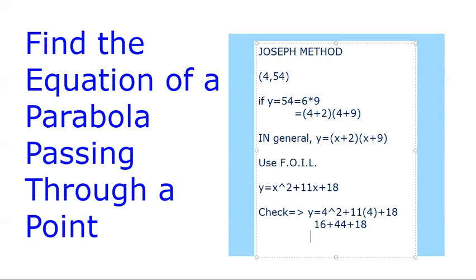Let me see what I did wrong. 4 plus 2 is 6. 4 plus 9. Oh, see? You're supposed to tell me 4 plus 5 is going to give me 9. So that makes a difference. Let me just change it up a little bit.